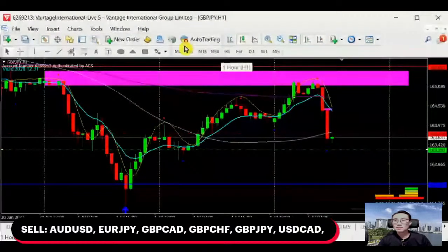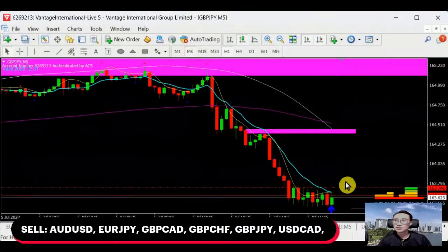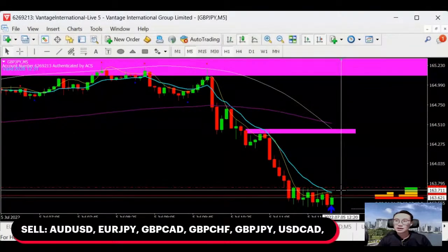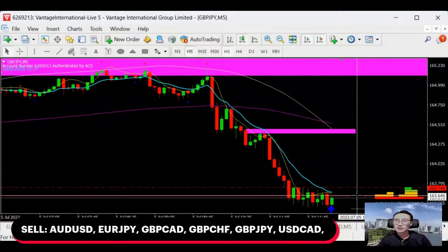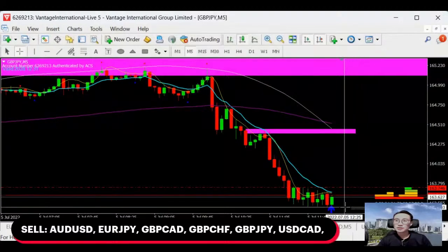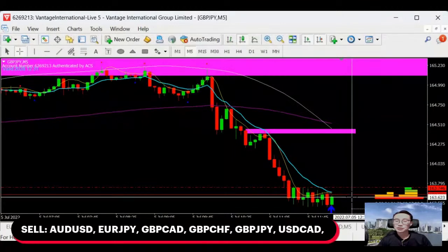It may also come back for a retesting first. Then after that, we can capture from this level, because it had one push lower already.